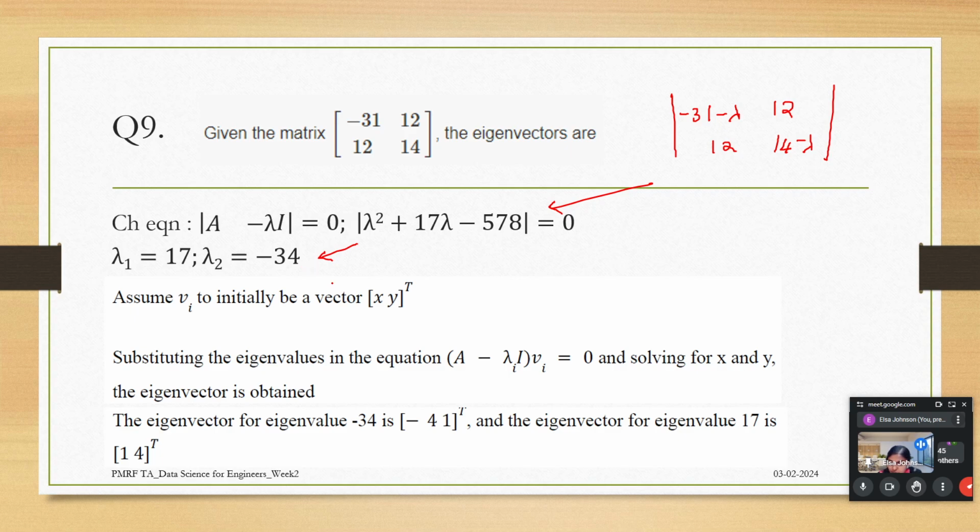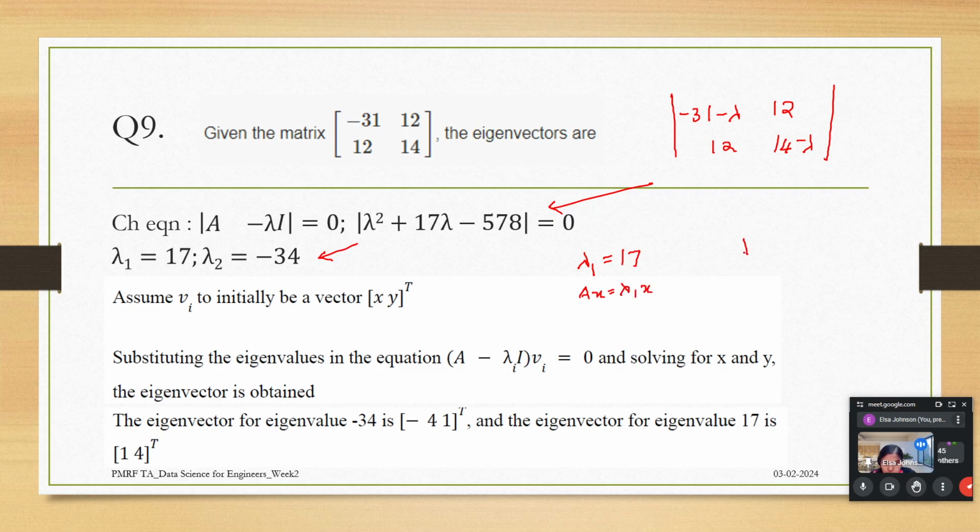Now we have to find the eigenvectors. We have to put lambda 1 equal to 17 first and then solve for Ax equal to lambda 1 x.